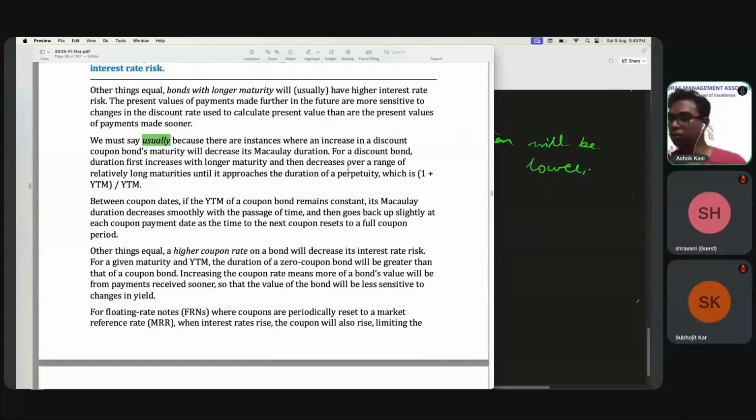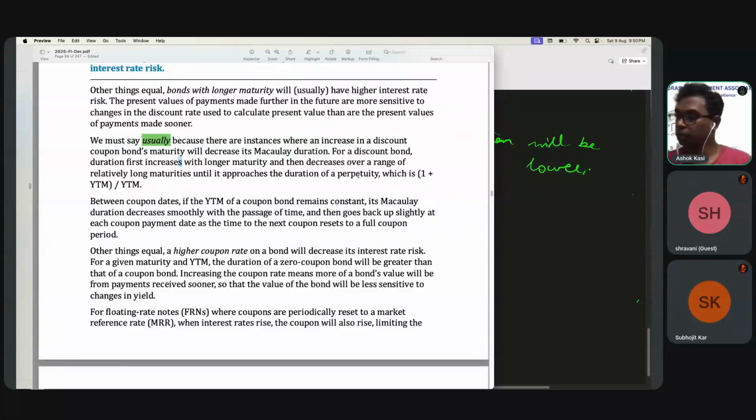If the maturity is going long, then it will increase, and then beyond a certain point it comes down until it approaches the duration of perpetuity.